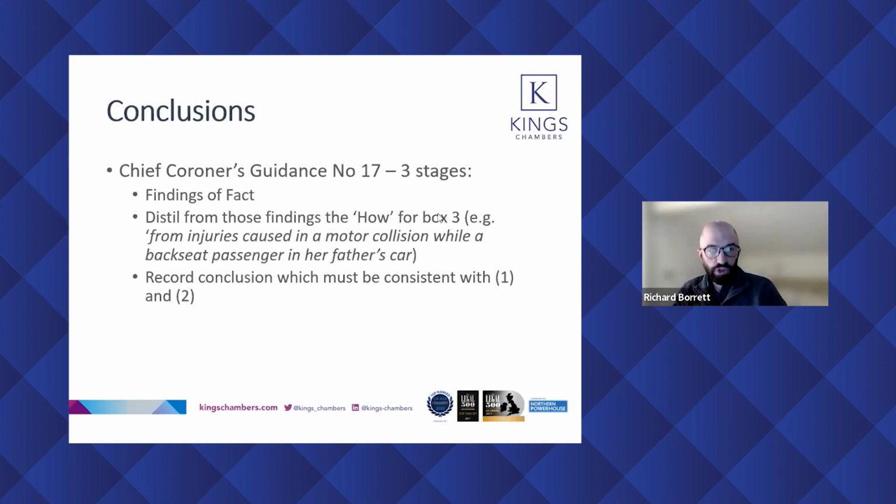And then the conclusion goes in box 4, which has to be consistent with the findings and the how. That conclusion can be either a short form conclusion, or it might be a narrative conclusion. Short form conclusions, I've mentioned lots of them already. There are things like suicide, misadventure, accident, road traffic collision, natural causes. Most of them are fairly obvious in terms of what they mean.